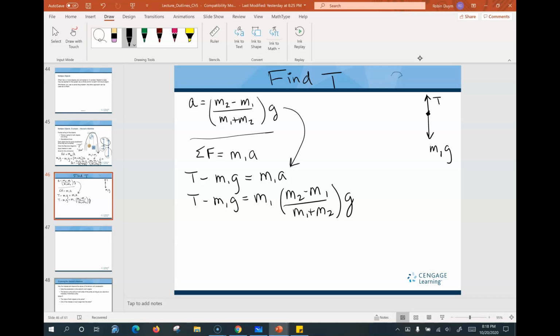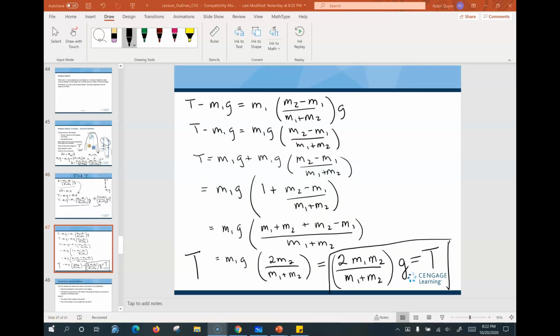I want you to pause the video and come up with this expression using some algebra. It's good mental gymnastics. So go ahead, pause that video, try this in your notebook, try and get this expression for tension to look like this. And then unpause when you check it. No cheating.